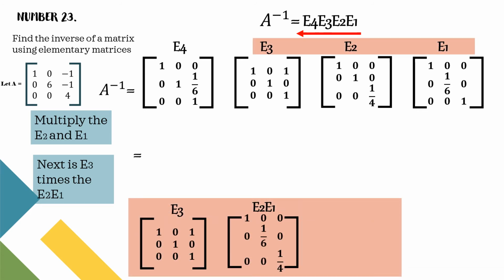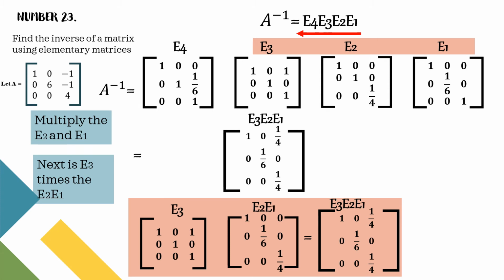We now have the matrix of E sub 3 times E sub 2 times E sub 1. We have 1, 0, 1/4, 0, 1/6, 0, 0, 0, 1/4. This is our matrix E sub 3, E sub 2, and E sub 1.